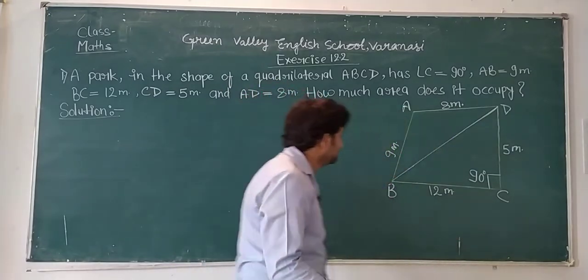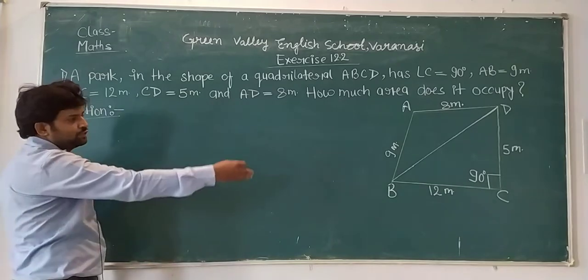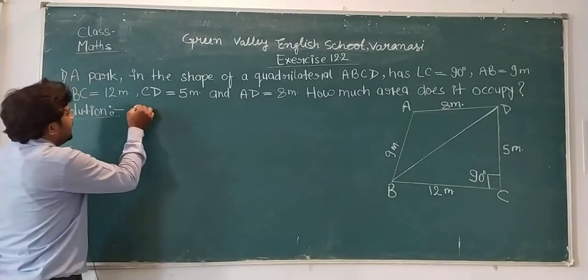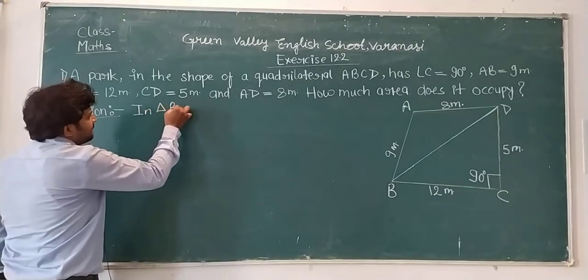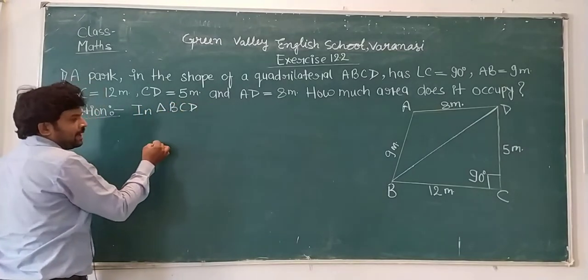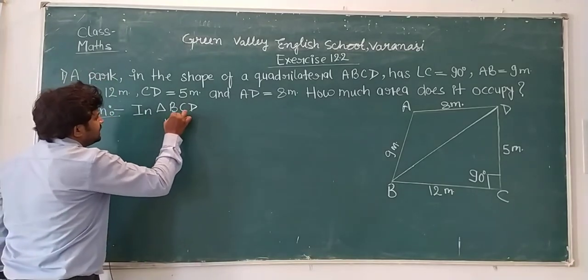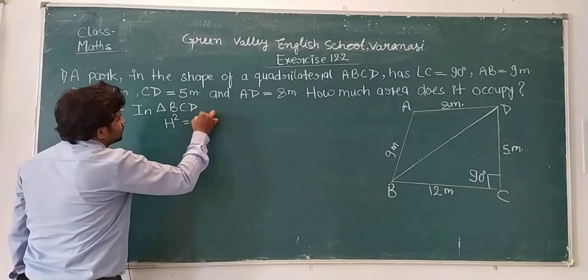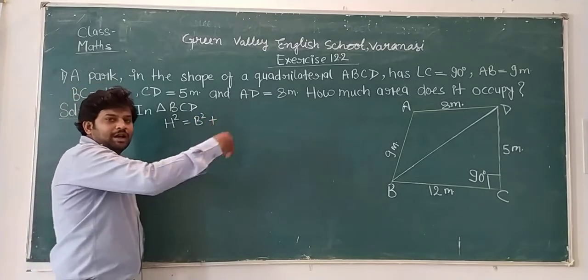Okay, construction: we join B to D, that is the diagonal, and in triangle BCD apply Pythagoras theorem. Hypotenuse square is equal to base square plus height square.